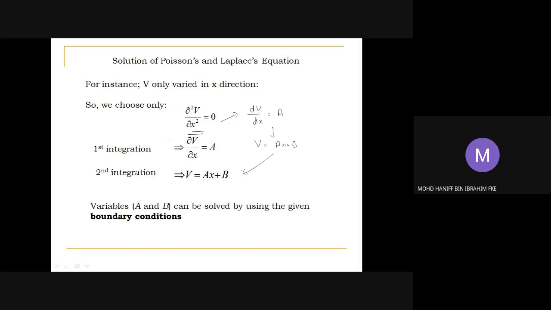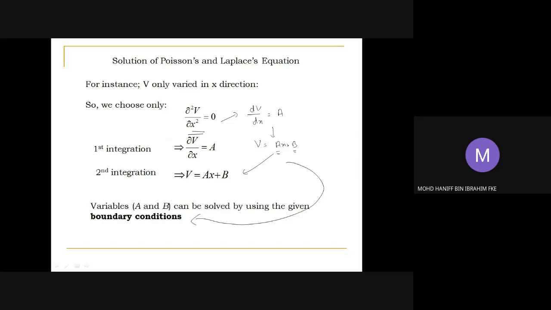So V is given as AX plus B, in which V varies in the X direction, and A and B are constants that can be obtained by using the boundary conditions provided in the problem. As we mentioned earlier, the Uniqueness theorem needs two pieces of information.